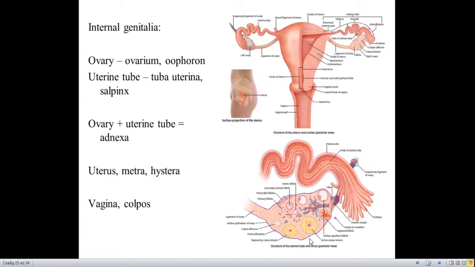One very interesting anatomical feature explains why it is possible. Actually, ovary is not covered by peritoneum. It is covered by a very thin layer of germinal epithelium. And it is very, very thin, and it allows the oocyte to pass through it. So, come again. Every month, the oocyte is released from the ruptured follicle.